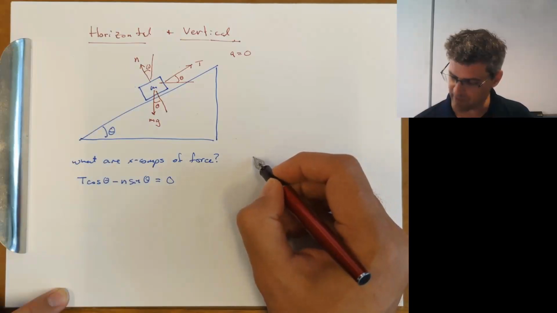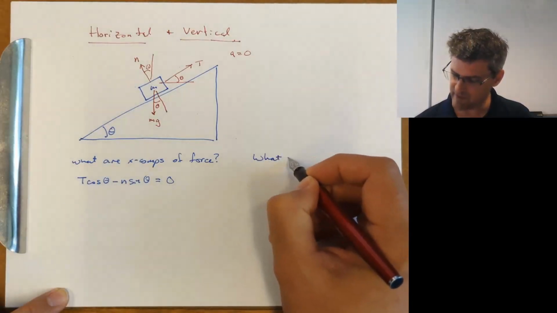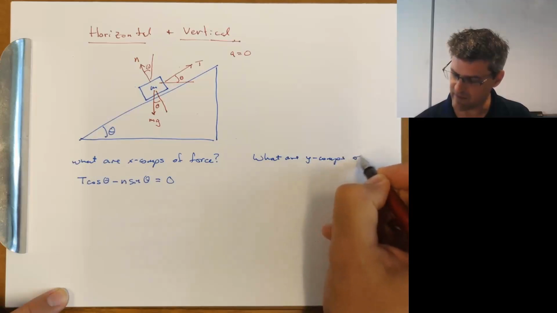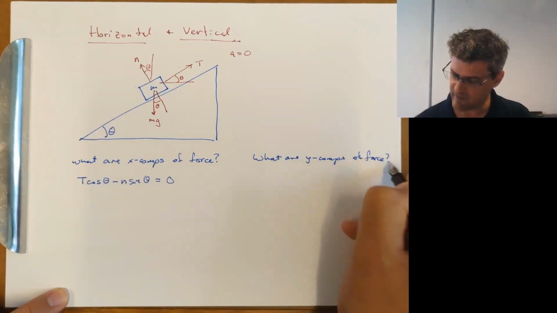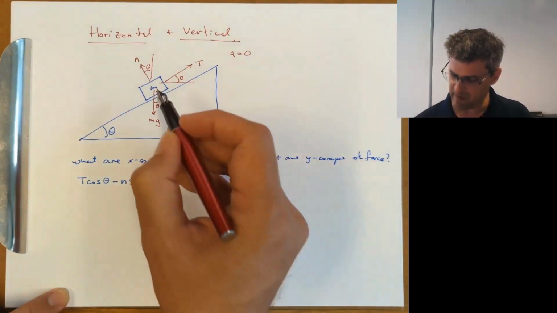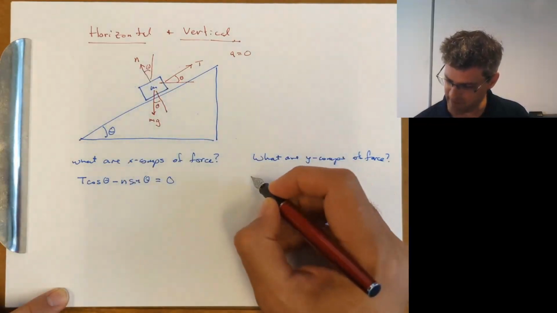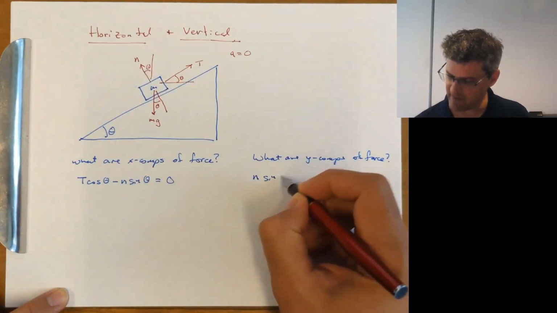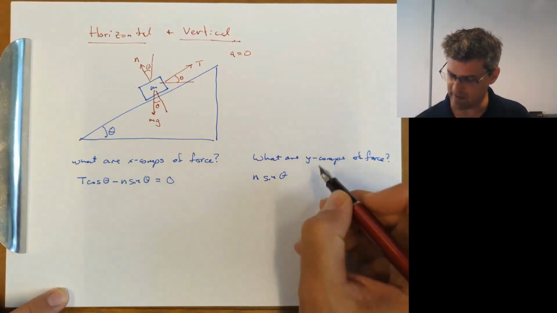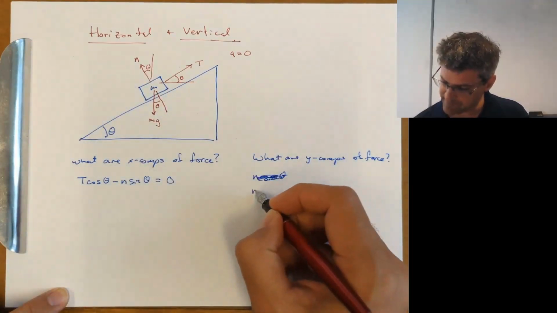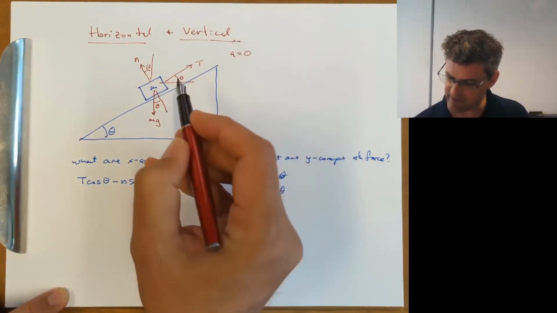What about the y components of force? Here, what I see is a normal force up of N sine theta, N cosine, sorry, N cosine theta.